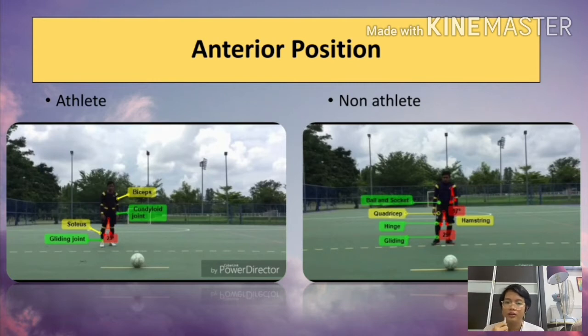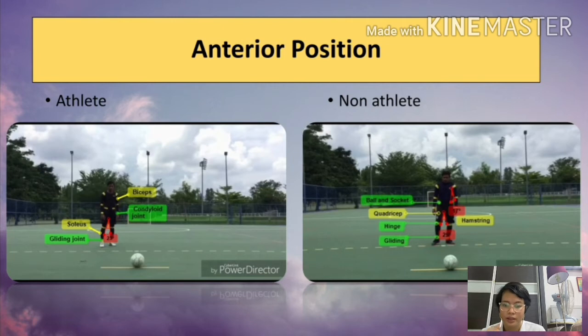From the angle of the anterior position, as you can see, the athlete leg is more narrow than the non-athlete, which is the athlete at 23 degree and non-athlete at 29 degree. So as you can see, the athlete position is more ready, while the non-athlete is a bit unready position to kick the ball.